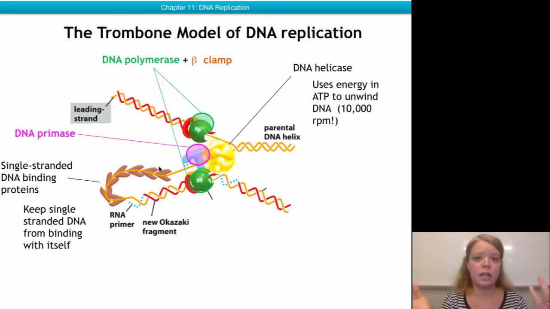If single-stranded DNA is allowed to float by itself, it will assume some sort of secondary configuration, preventing the primase and the DNA polymerase from easily accessing the DNA and allowing it to serve as a template. As a result, positively charged single-strand DNA binding proteins base pair with the single-stranded DNA and keep it from folding.